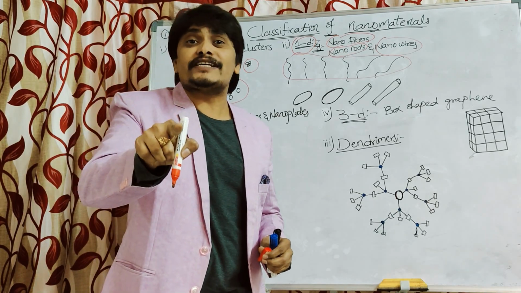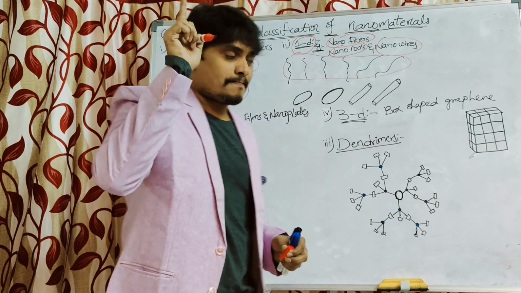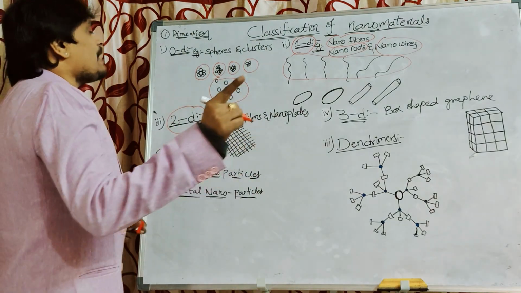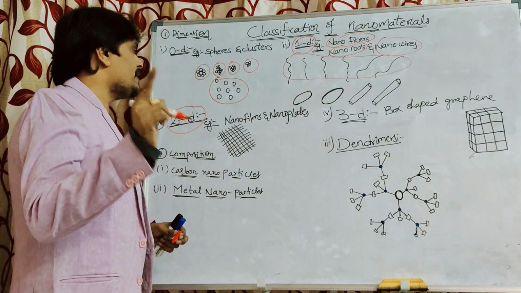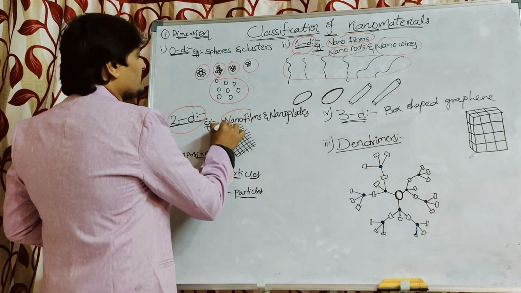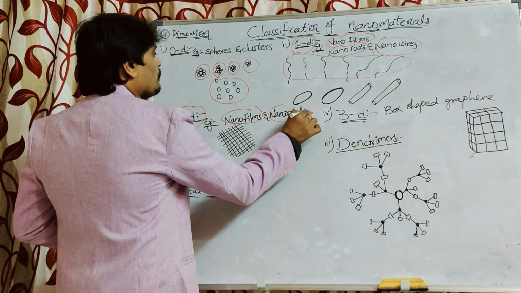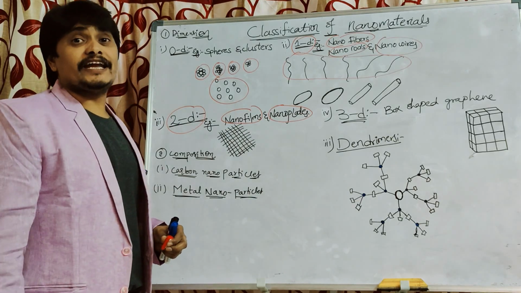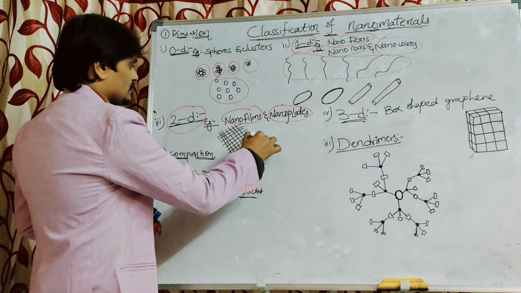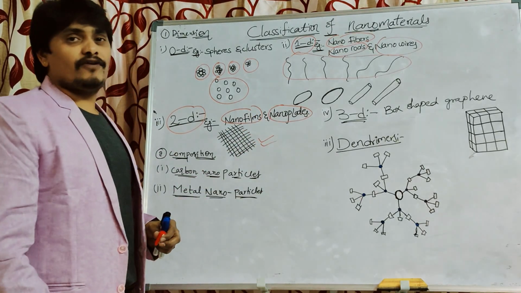And what is the nanoscale? 1 to 100 nanometers. Examples of the two-dimensional nanomaterials are nanofilms and nanoplates.